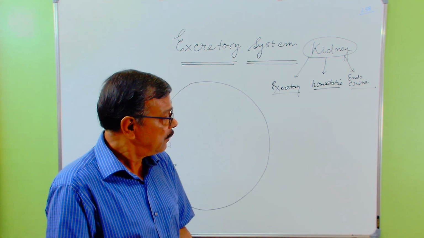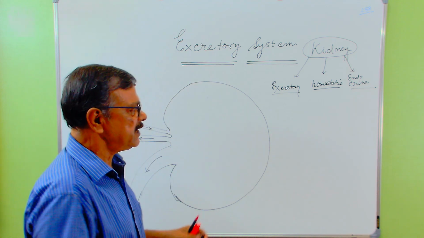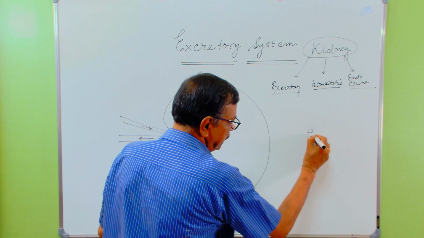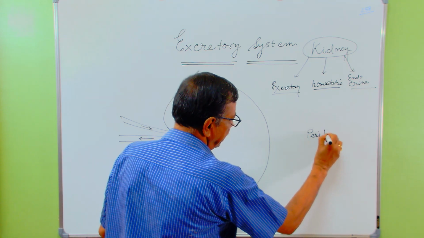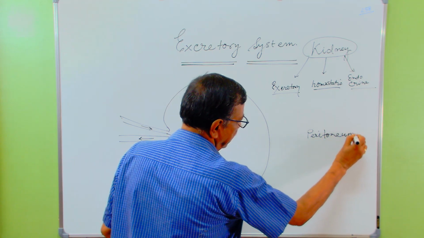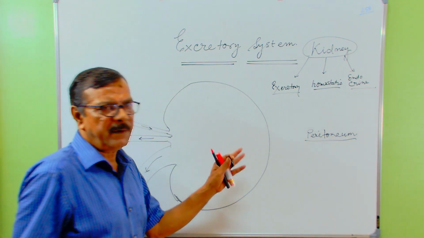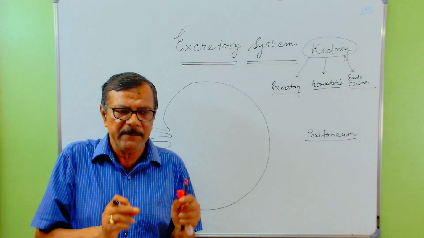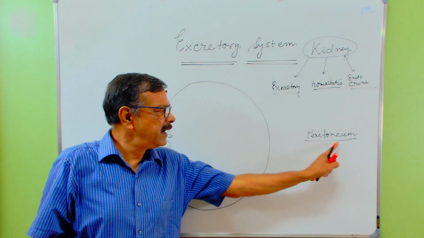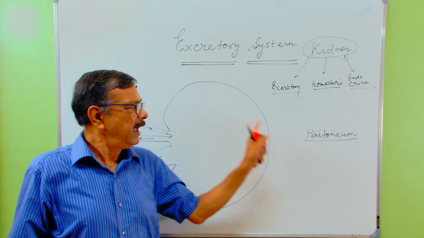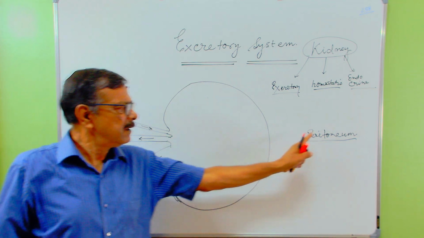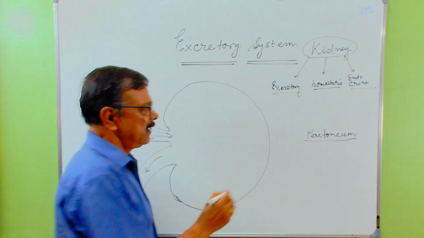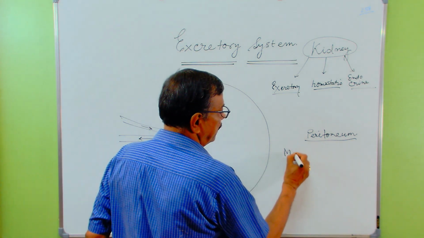We should know that these two kidneys remain attached with the peritoneum behind the vertebral column in the abdominal cavity, and the peritoneum layer in which these two kidneys are attached is known as mesorchium.